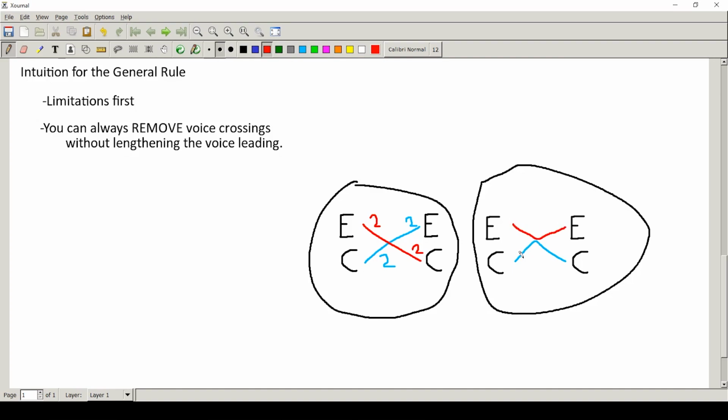The distance traveled is the same. E moves down 2, bumps into C, and says, oh, sorry, let me go back up. Whereas C moves up 2, bumps into E, and then decides to move back down. So the total amount of up and down motion is the same either way, right? 2 plus 2 plus 2 plus 2 adds up to 8 altogether. I've colored the paths differently, but the paths are the same.